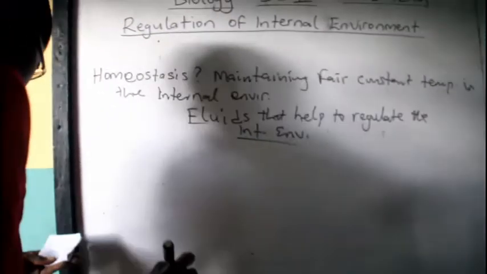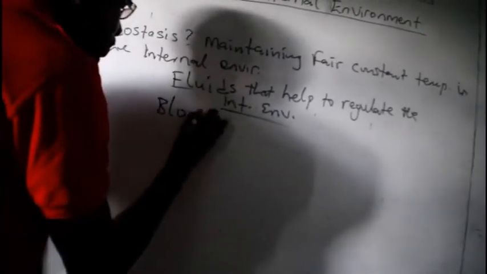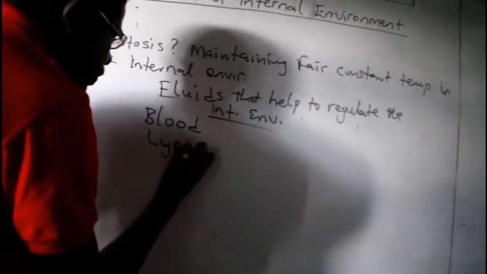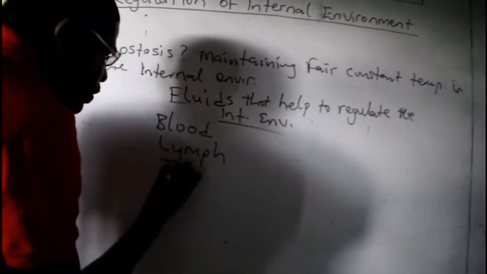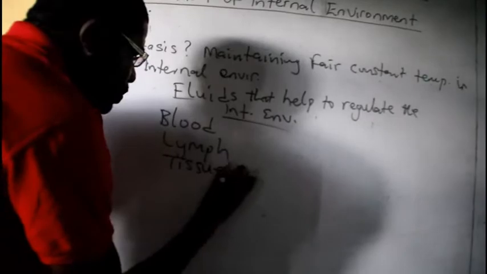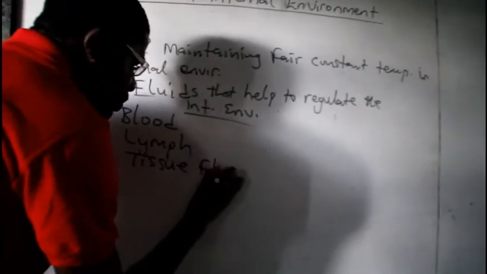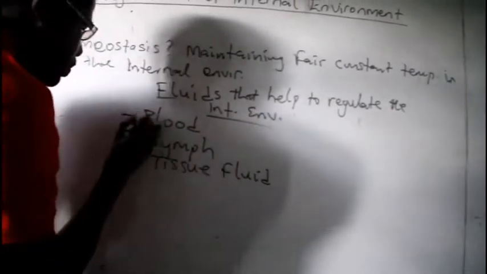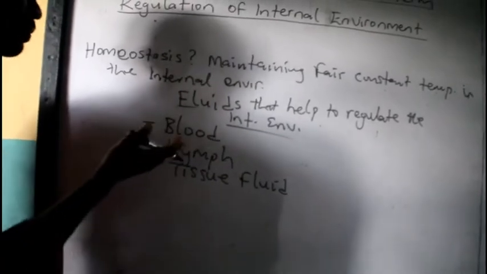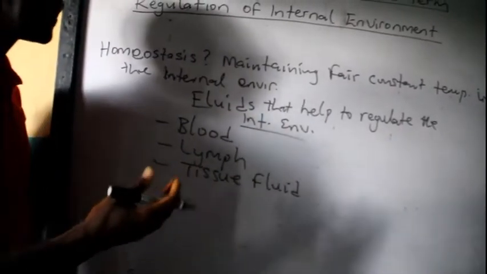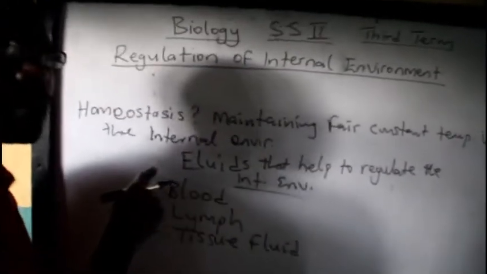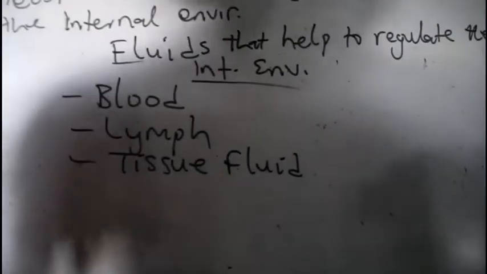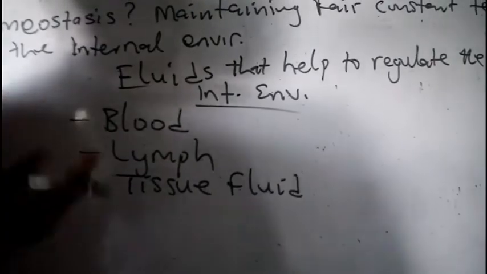These fluids include blood, lymph, and tissue fluids. So these are the various fluids in the internal environment that assist in the regulation of the body temperature.